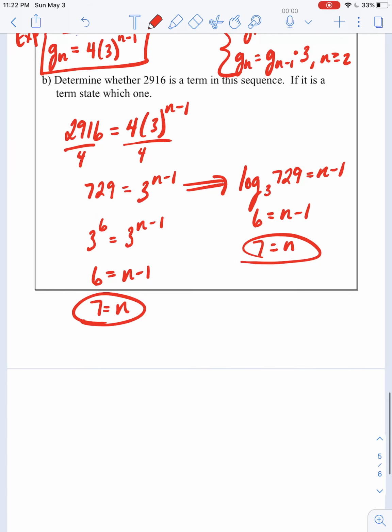One thing to keep in mind here is if you got a number that was not a whole number, then it is not a term in the sequence. n has to be a whole number. So if you had solved this and found out that n was 7.3, then that would tell you, oh no, that's not in the sequence. So it has to be a whole number.